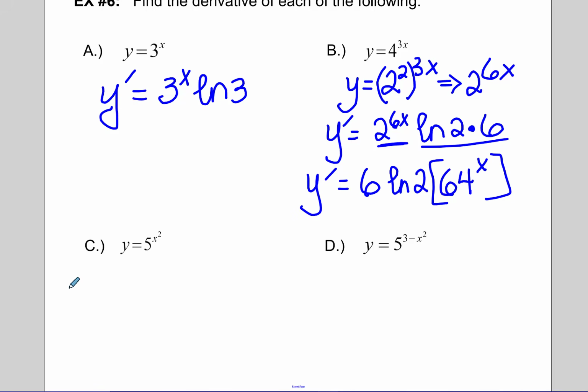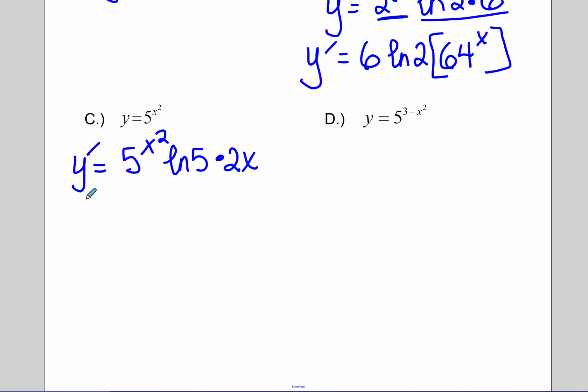And here again, I've got a to the u power. So y prime is a to the u, natural log of a, times the derivative of your power, which is 2x, because my u is x squared. If you like writing out u substitution, you could do that.